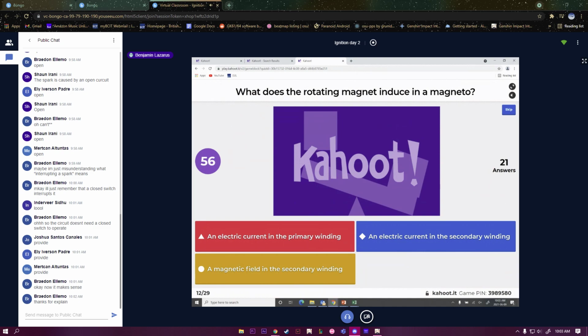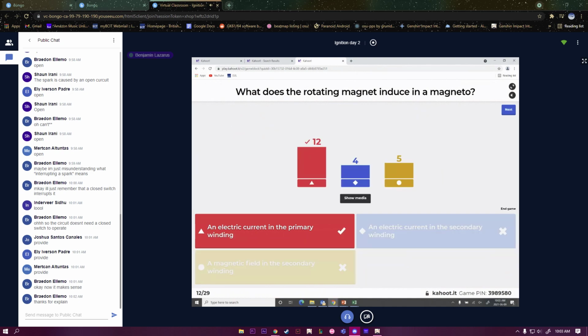The purpose of the magnet is to induce an electric current in the primary winding. Yeah, induction is when, whenever I say induce, we're changing magnetism to electricity or electricity to magnetism, or electricity to electricity somewhere else. It's supposed to be another use of that word.